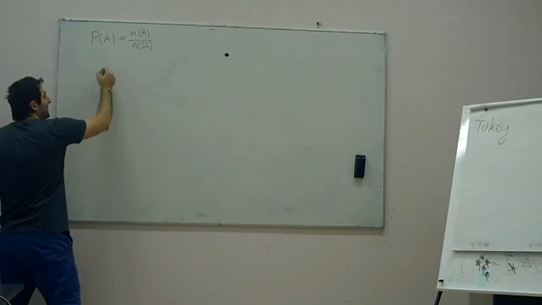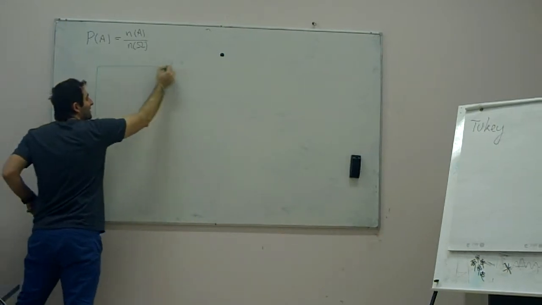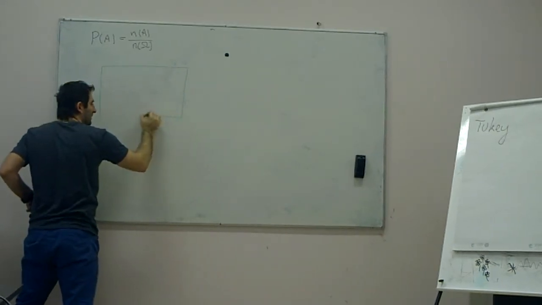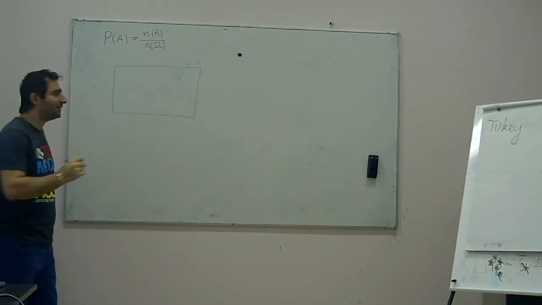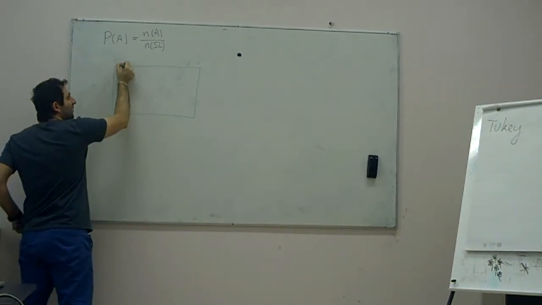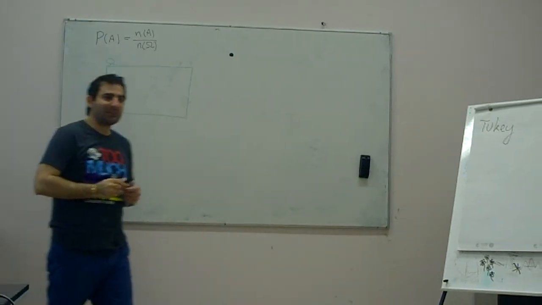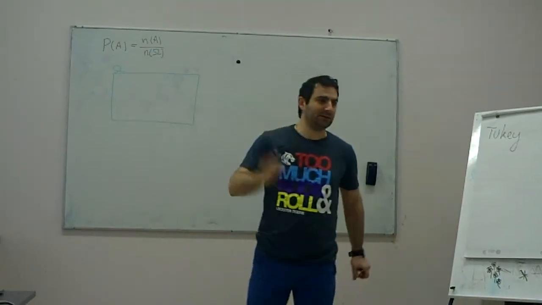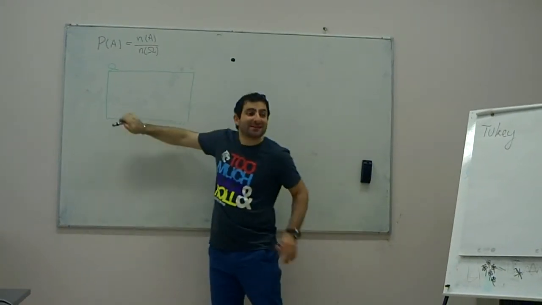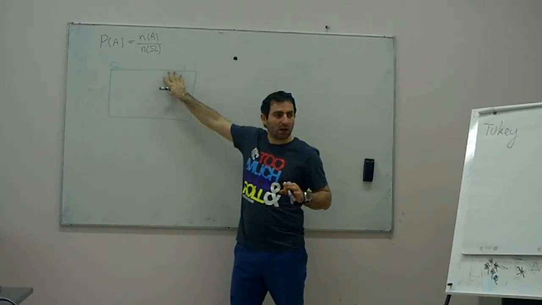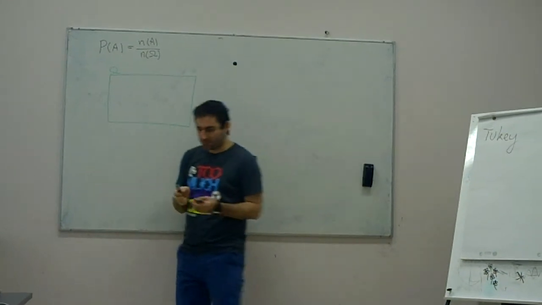In general, we said we can represent any set by using a Venn diagram. Usually we use a rectangle to say that this is omega or S, which is the sample space, and it is everything. Anything out of this is not possible.